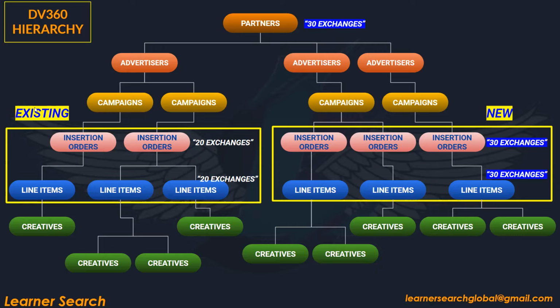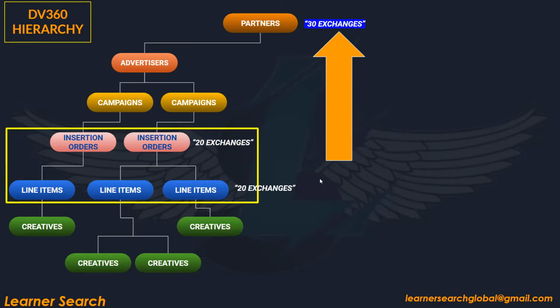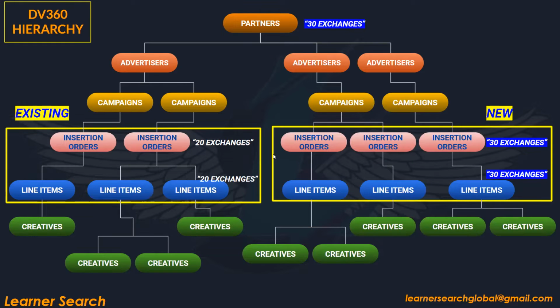Whereas the existing one, so this is the existing one, this is the new one. The new one will inherit all the exchanges, 30 exchanges, from the partner level. Whereas the old, existing one will not inherit, because as per the note mentioned here, changes to these settings will be the default for new ones and won't impact existing ones. So this is how it works.